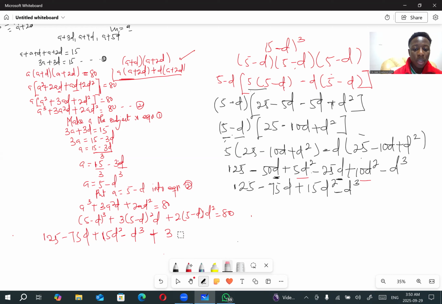If you do it properly, that's going to give you 25 minus 10d plus d squared. If you do it properly, that's what you're going to do.